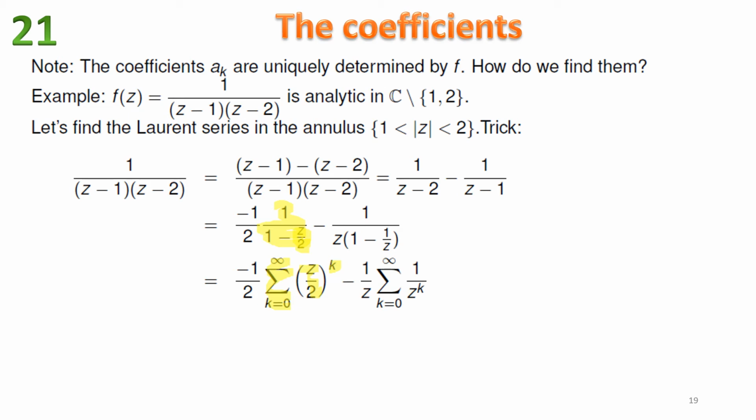Minus 1 by 2 is retained. Here minus 1 upon z is retained, and this term 1 upon 1 minus 1 by z we can write as summation k rolling from 0 to infinity of 1 upon z to the power k.